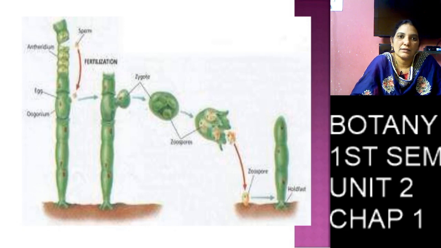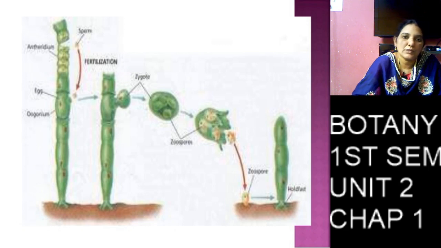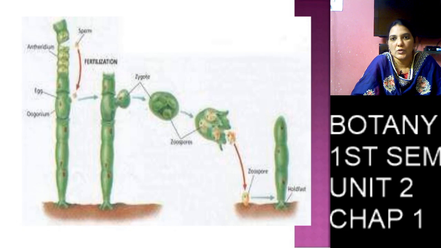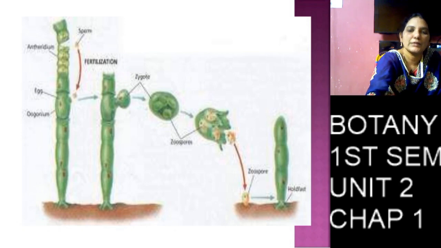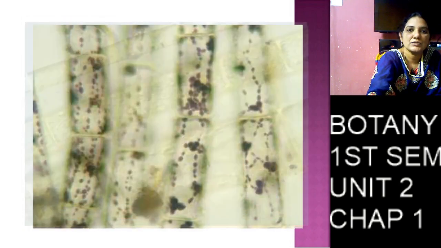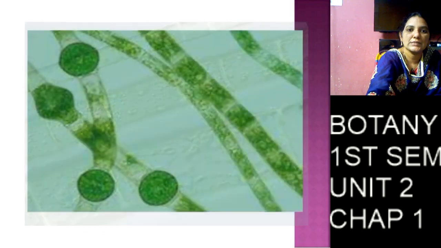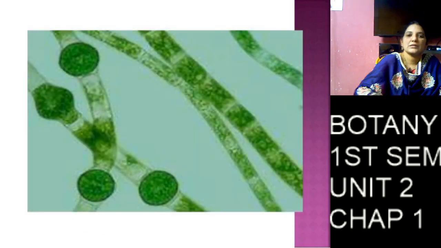Below the antheridium, the oogonium is also present. At the time of sexual reproduction, one cell changes into an oogonium mother cell, which converts into a round-shaped structure.